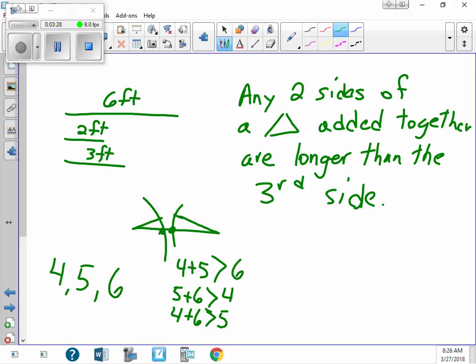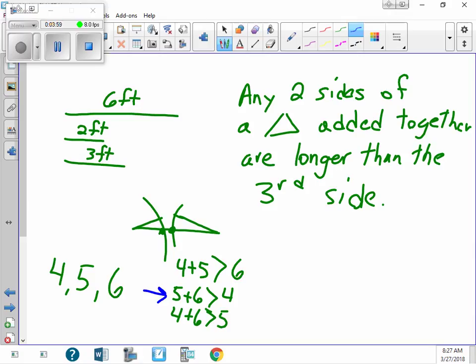But really, there's only one of them I need. Which one is the only one I actually need? The first one, the 4 plus 5. If you look at the second one, it's kind of silly. 5 plus 6 is bigger than 4. Well, 5 is bigger than 4, and 6 is bigger than 4. So of course 5 plus 6 is bigger than 4.